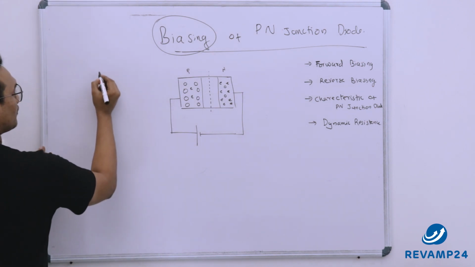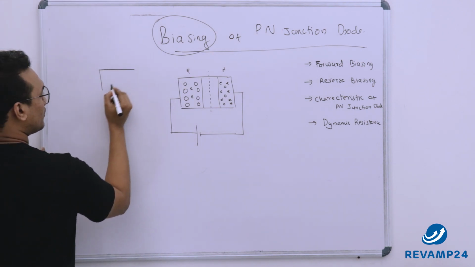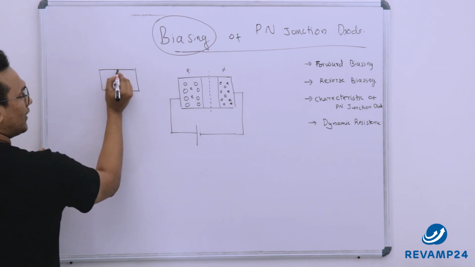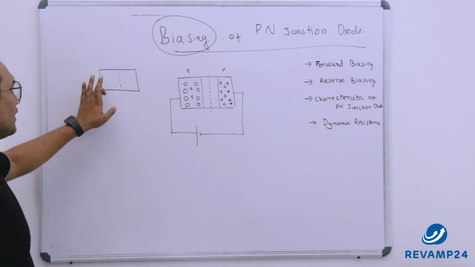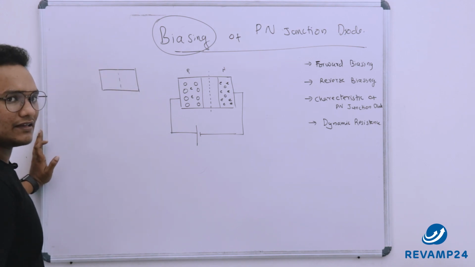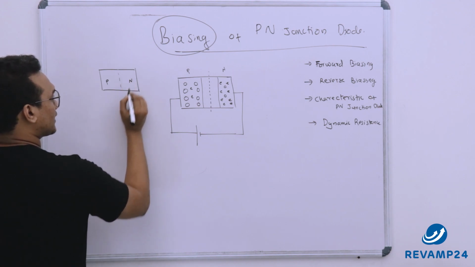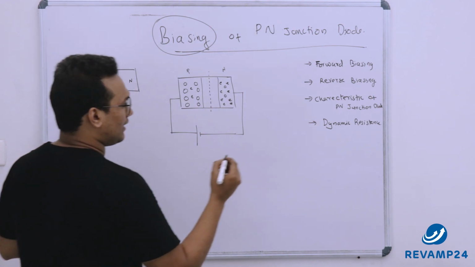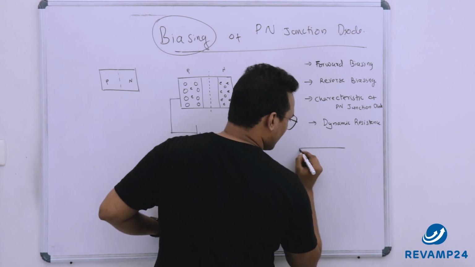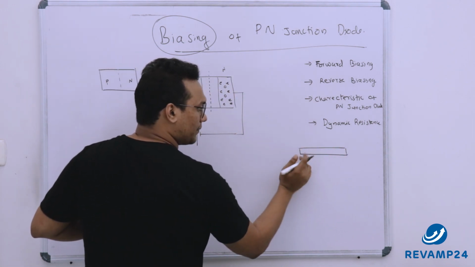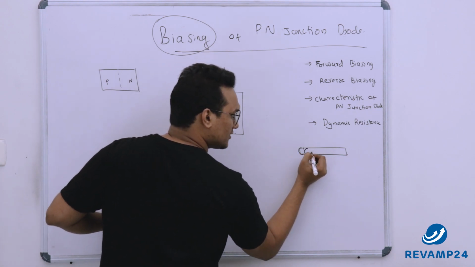Now in a PN junction diode, we have two types, one at each end. This one is P type, this one is N type. Now in the case of a conductor, it's the same type everywhere.